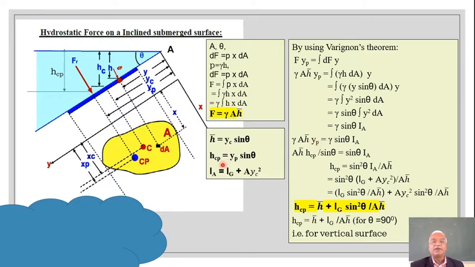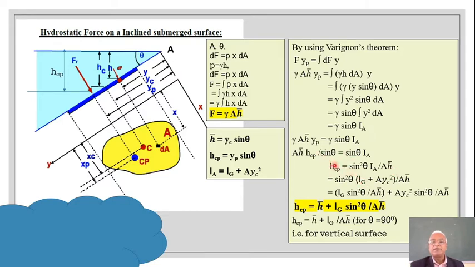Instead of yp I have written it as hcp by sine theta is equal to sine theta IA. So hcp can be written as sine squared theta IA divided by A h bar.